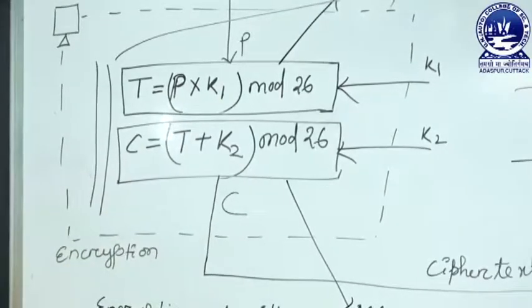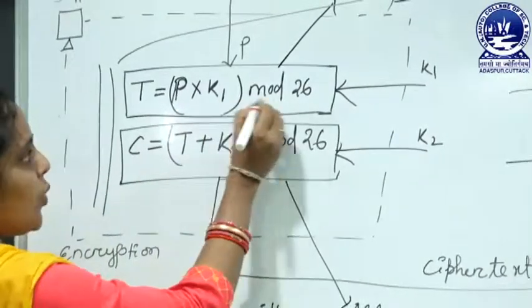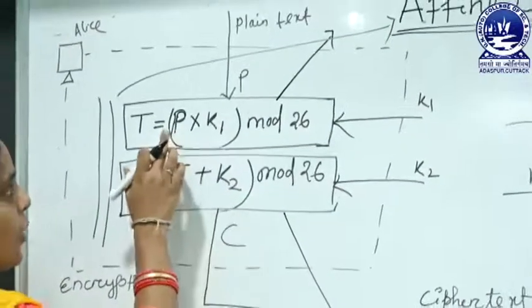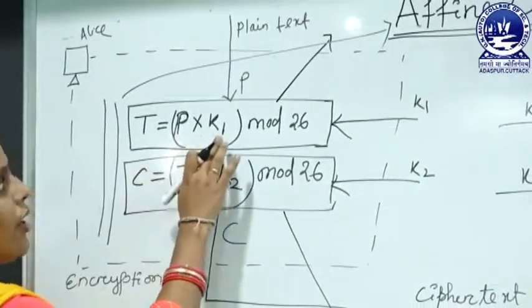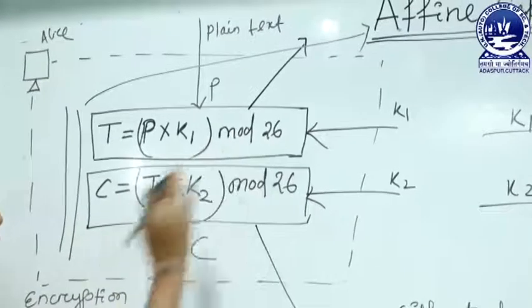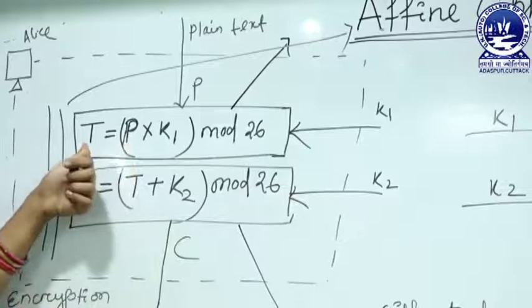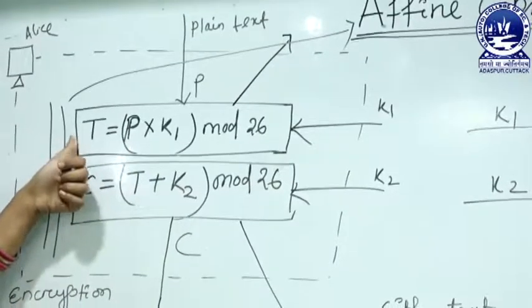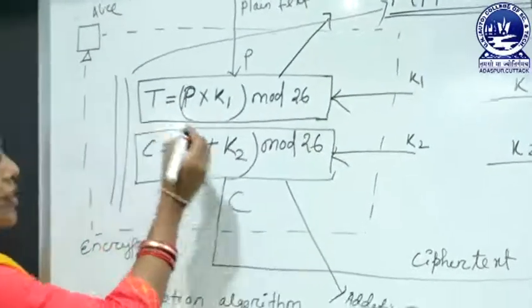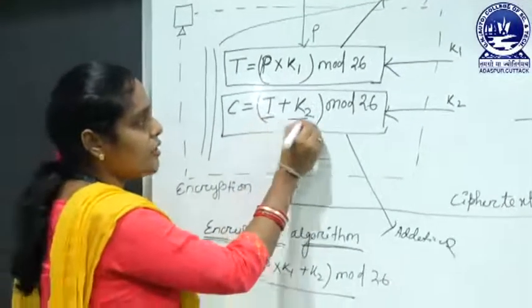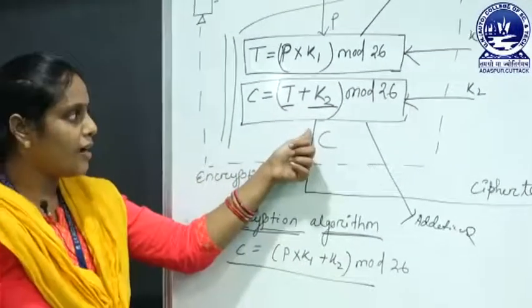Here in this figure, P is the plain text and K1 is the first key of the key pair. When the plain text is multiplied with K1, after that mod 26 is calculated. This result is stored in T, that is the intermediate result. Now this intermediate result is added with the second key, that is K2.